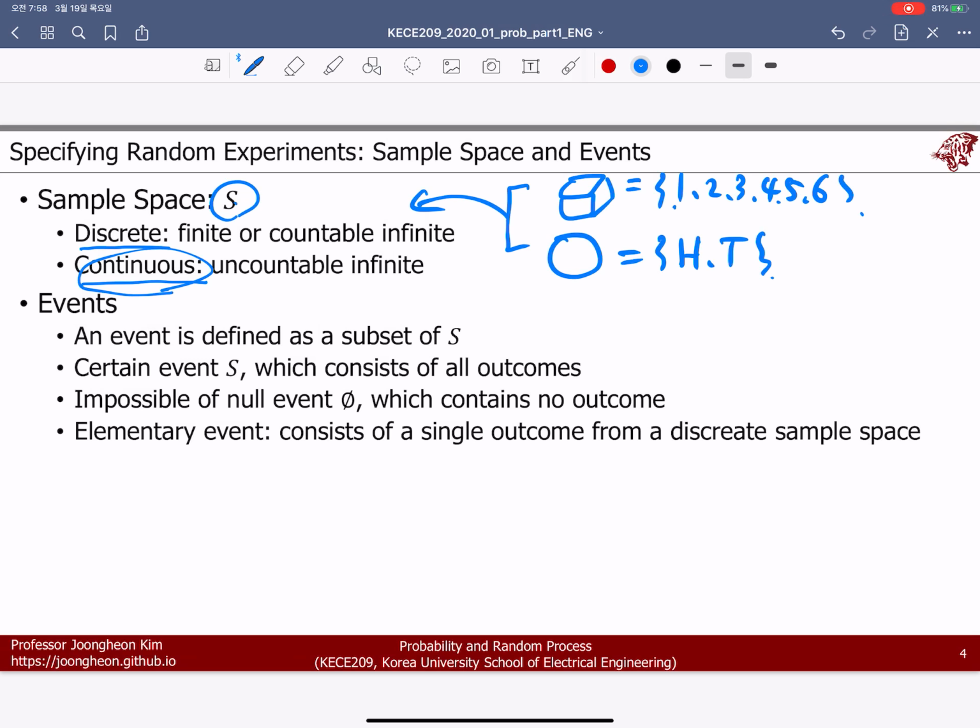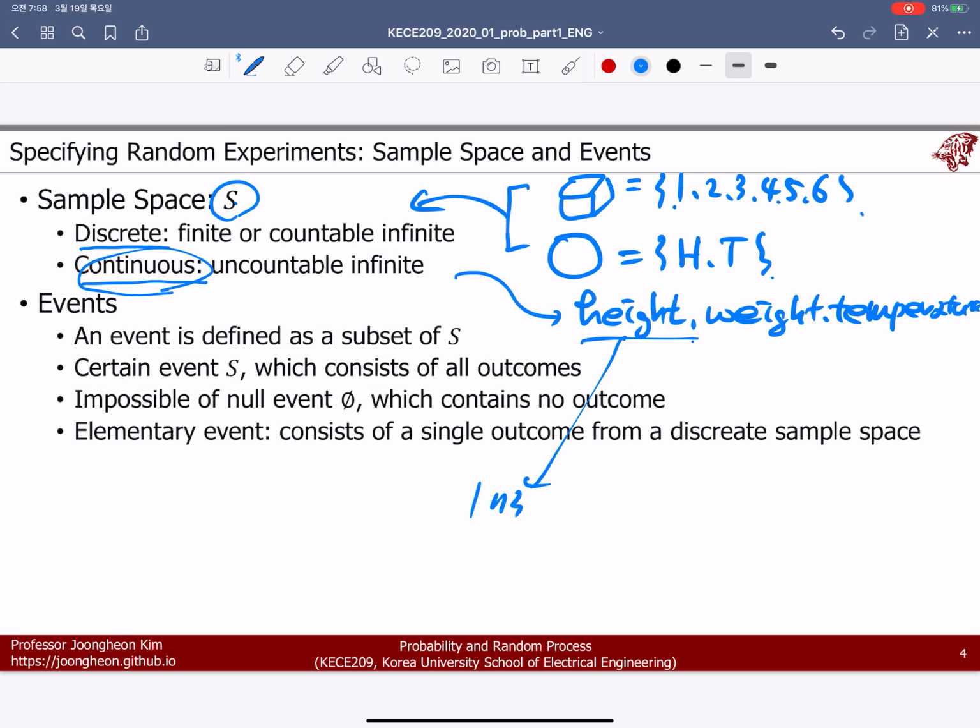Also, we have some continuous domain sample spaces. For example, height and weight and temperature. So when someone asks me about my height, I may say, okay, my height is 173.65, 65, 65, and so forth.